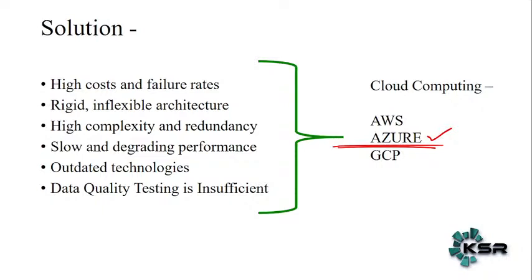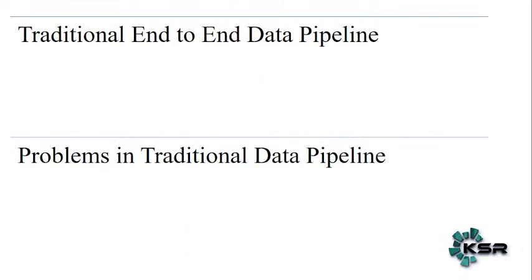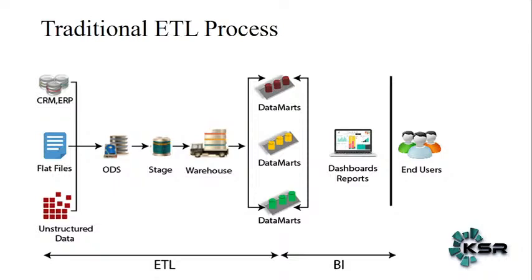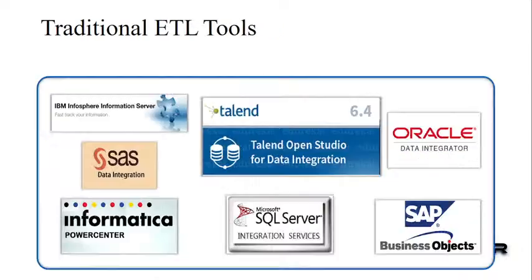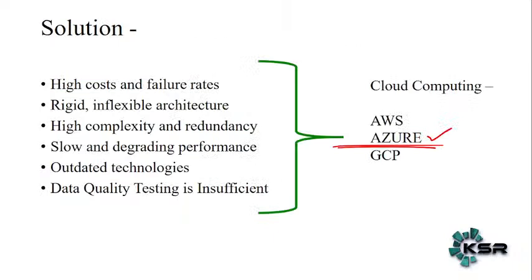Now you need to understand how the system is going to solve your problem. You need to keep a clear-cut picture of how you can solve your system by using cloud. Now this was the traditional pipeline, and as a solution, we are going to use cloud.